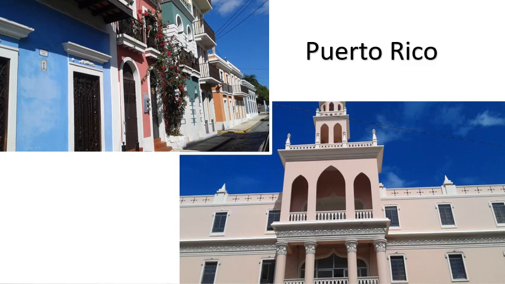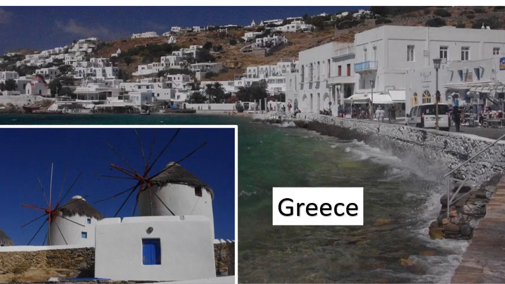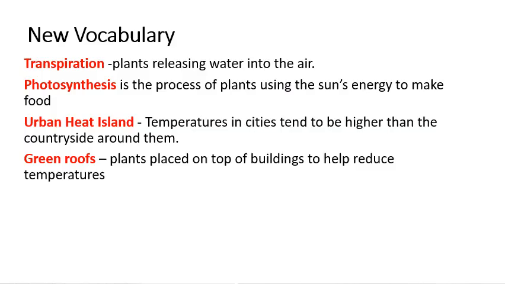You wouldn't see this in Chicago or New York or Washington, D.C., London, places that aren't so hot or don't have really concentrated sunlight. Greece, almost all the buildings were painted a very, very bright white so that they can reflect most of the sunlight and not get so hot.